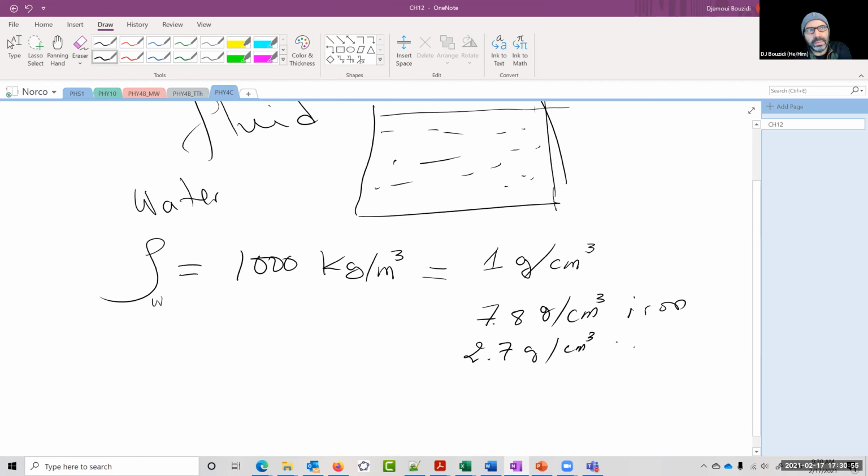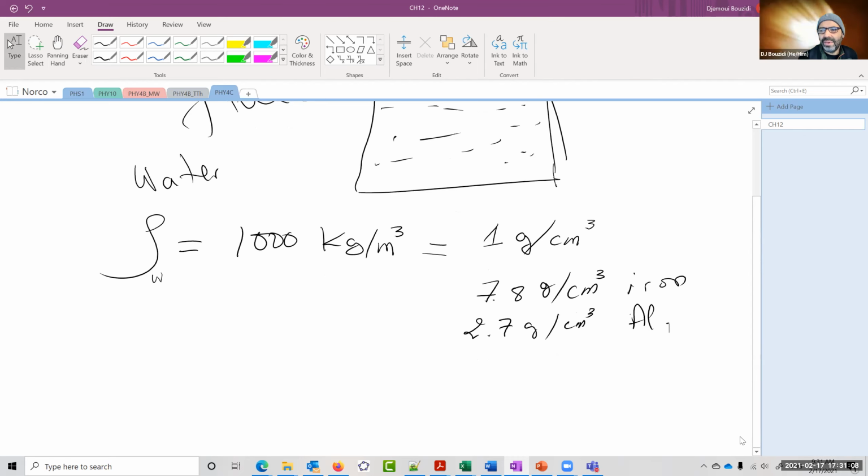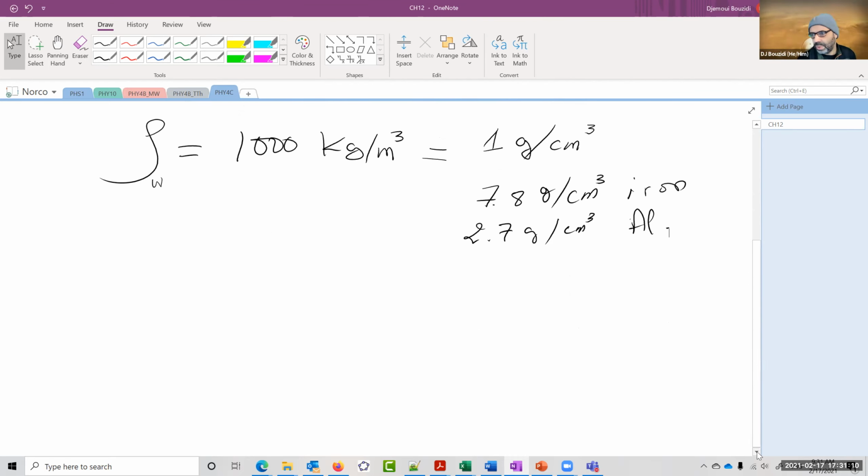Copper is denser. This is copper actually. It's aluminum. Okay. So that's some of the things that we know. You guys have experienced these things before, so you know what these things are. I know that probably some of you have had chemistry before and things like that. So these are the densities, okay? So this is the density of water.